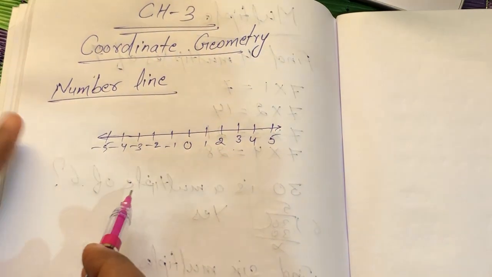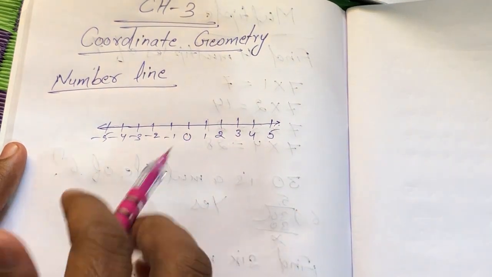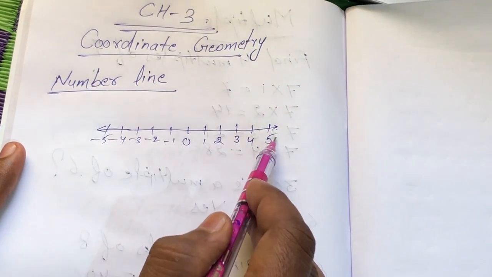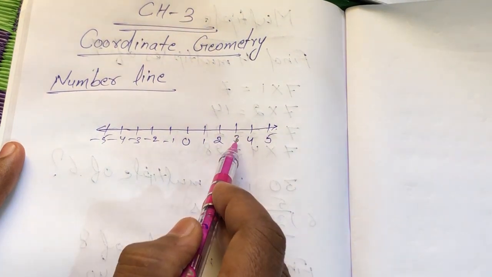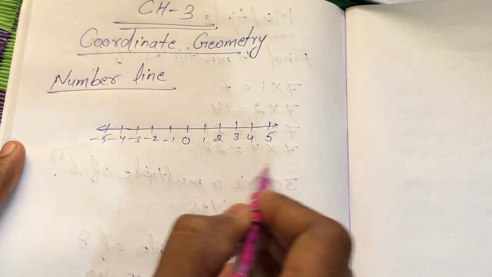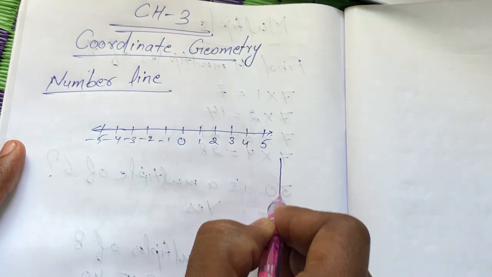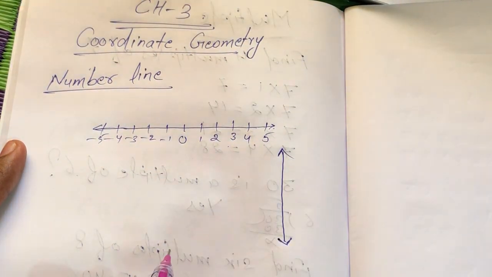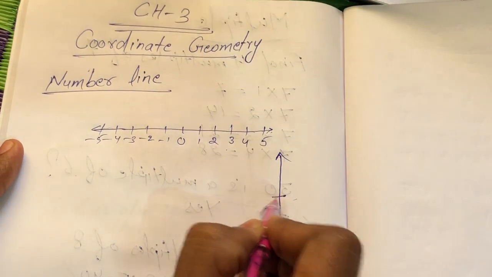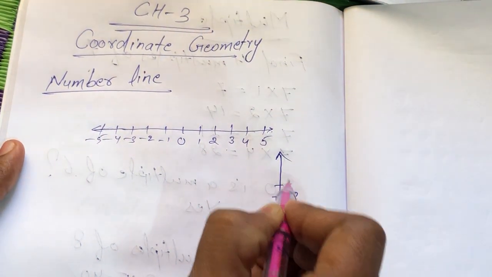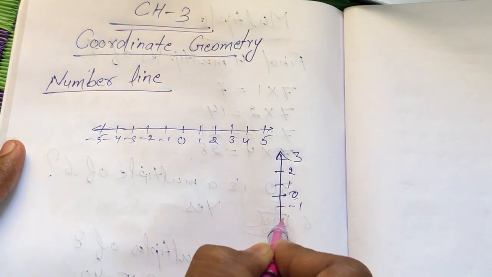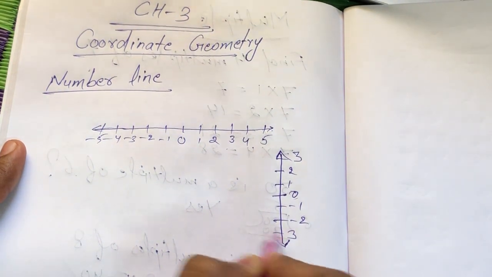Similarly, if I have drawn a number line in a horizontal way, this is the horizontal way of drawing. I can also draw a number line like this in a vertical way, and I can write 0, 1, 2, 3, -1, -2, -3.